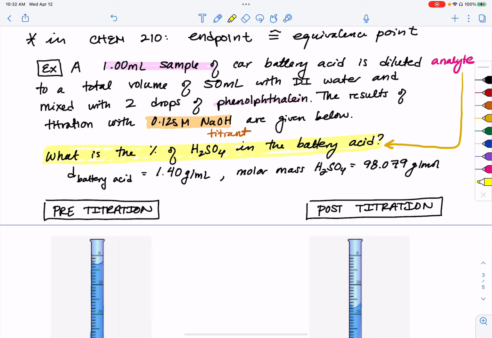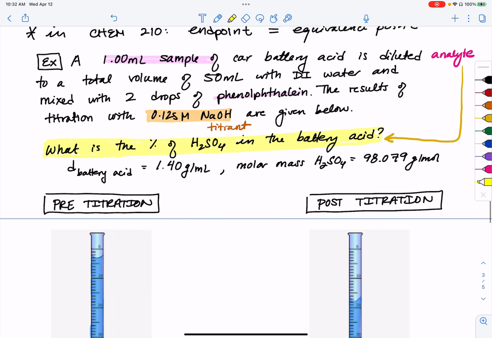So if I were to give you some raw battery acid, how much of it is sulfuric acid and how much of it is water? How dilute is that sulfuric acid sample in the car battery acid? So this is the ultimate question we're trying to figure out: something about the quantity of sulfuric acid present in our sample of the car battery acid.